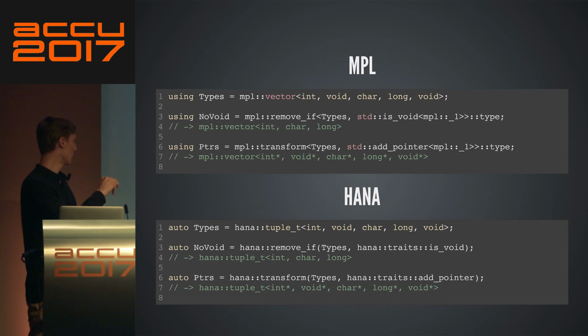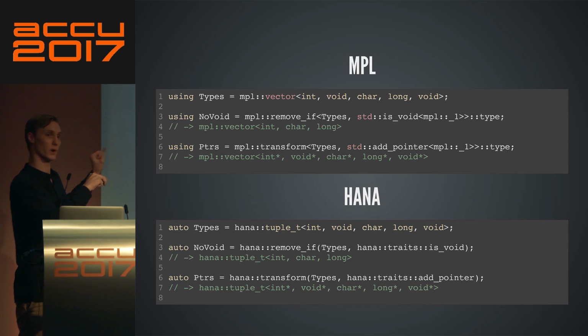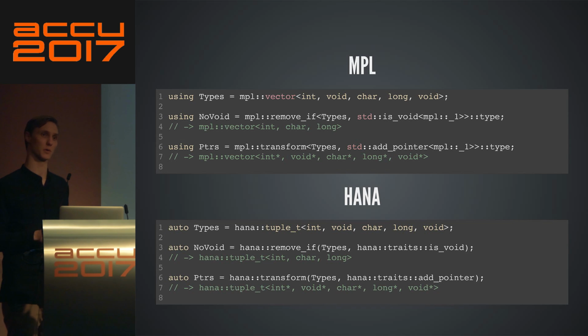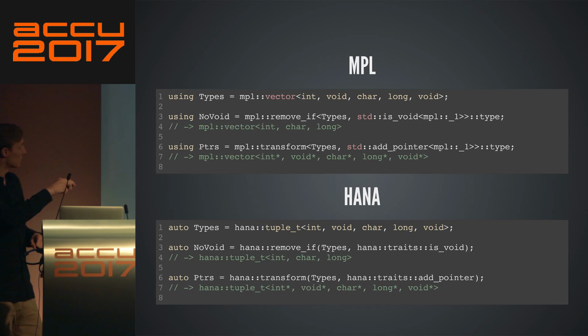And the beauty of it is that because I have a variable here, an object, I can use normal functions that look way more like the real STL to implement algorithms, as opposed to, say, MPL, which required colon type and angle brackets basically everywhere. Now you can use just normal functions because you're working on objects. And so here, you could actually pass in a lambda that does what you want, a real C++14 generic lambda, instead of something like this.